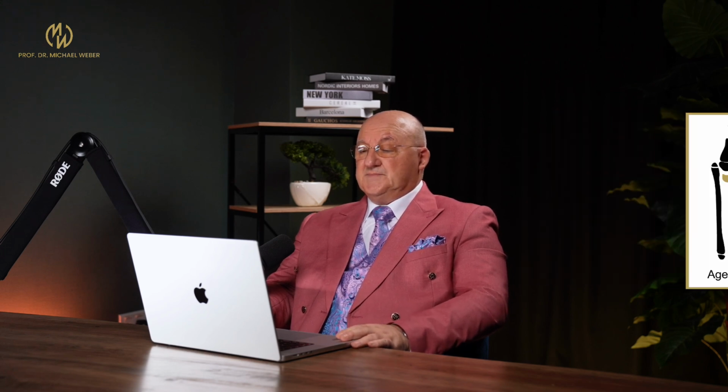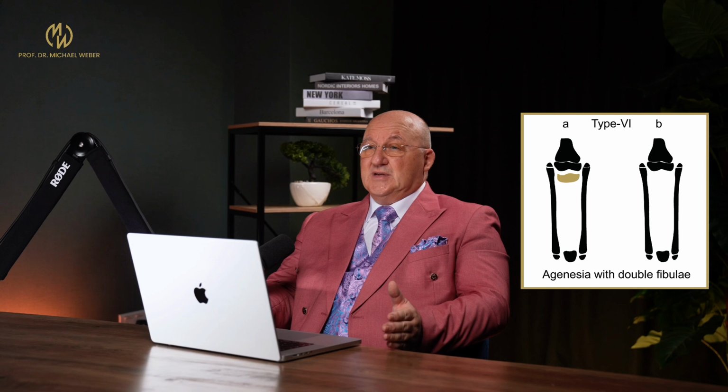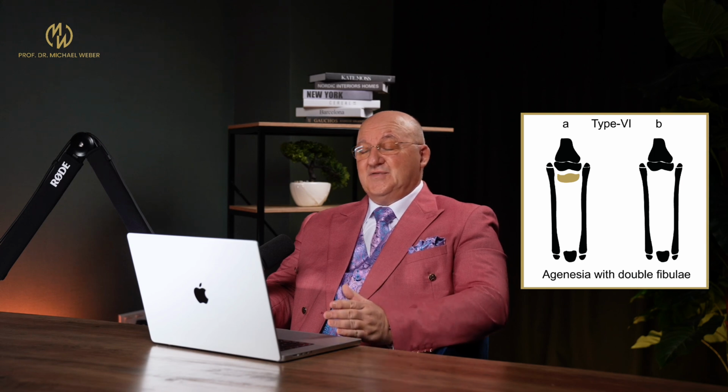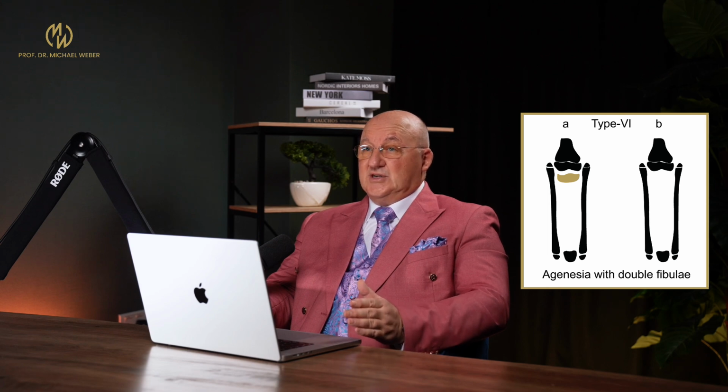The type 6 is characterized by the fact that there is no tibia but two fibulae, on the medial side and on the lateral side a fibula. Also two types: one without any tibia and the other one with the cartilaginous Anlage.